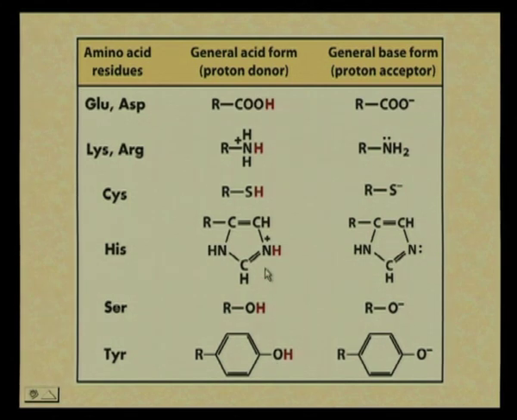Okay? So, we will see how in certain enzymatic mechanisms histidine, for example, we will do one specific example where we have histidine. In one of the steps it acts as a proton donor, in another step of the reaction it acts as a proton acceptor. Okay? Just because you have to remember that it has to get back to its original form.